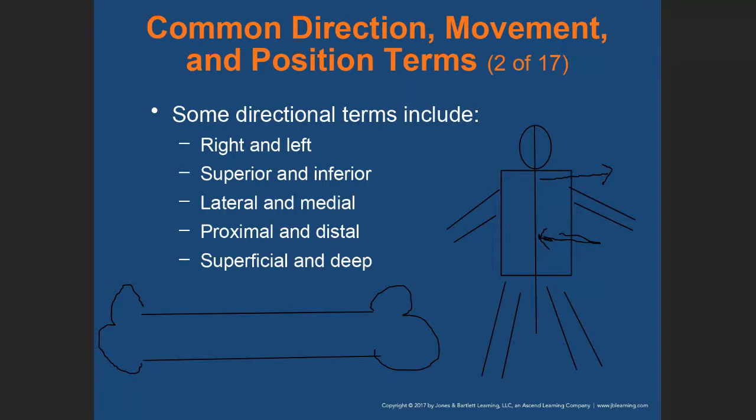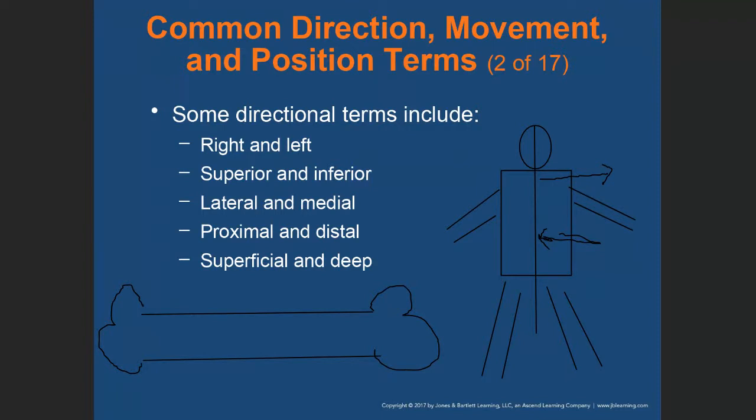When you see the term proximal or distal, it is applied to a long bone, whether it's the forearm, the upper arm, the thigh, or the legs. Every long bone in the body has a distal end and a proximal end. The proximal end is going to be close to the trunk.